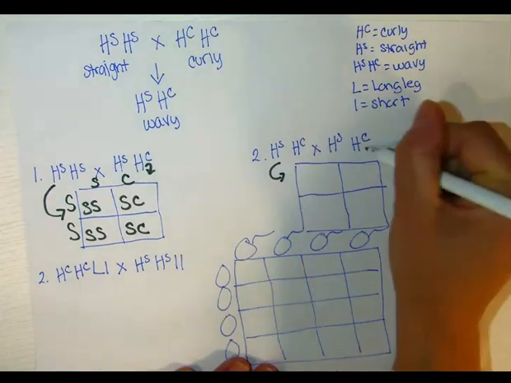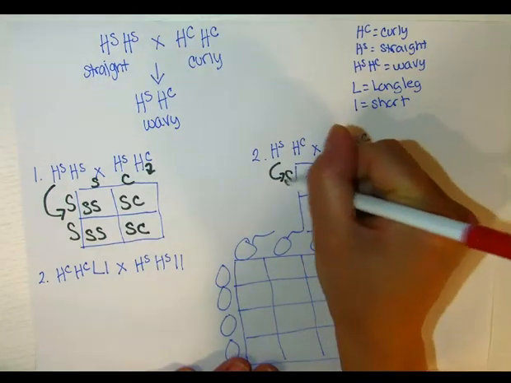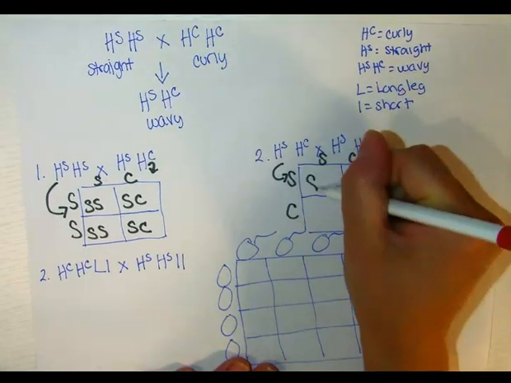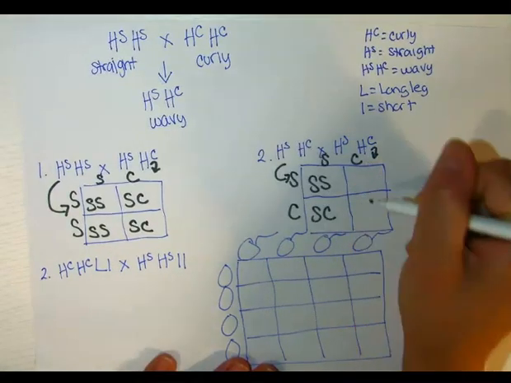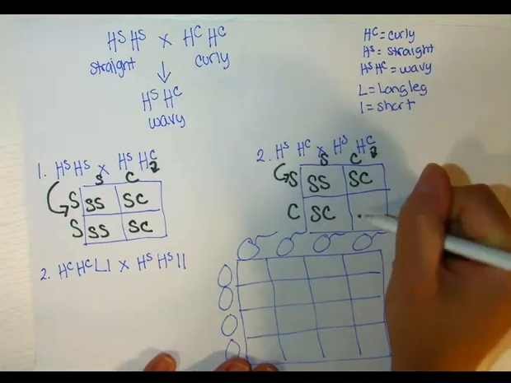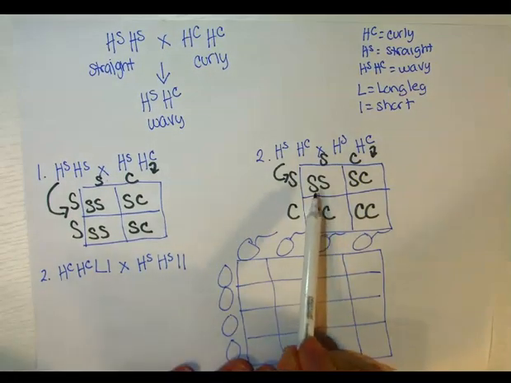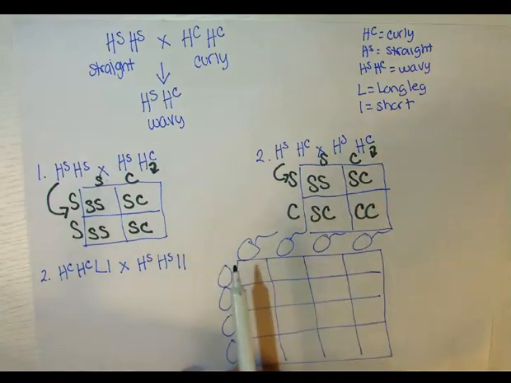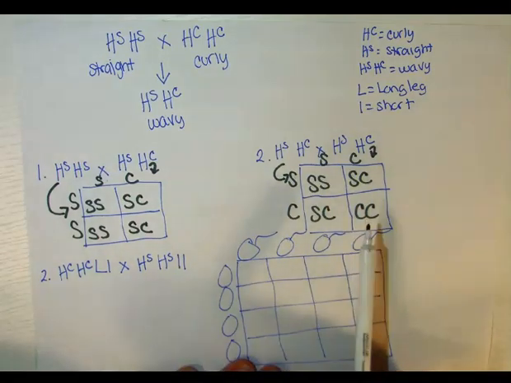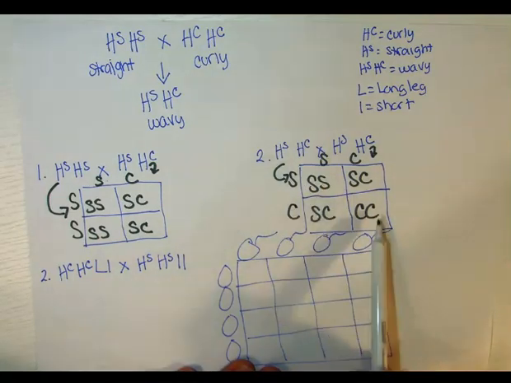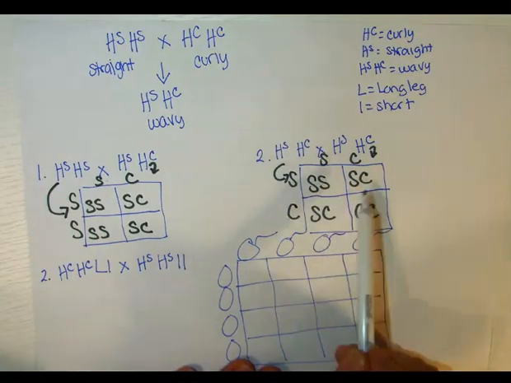So again, I'll put this one here and this one here. And so this one, our phenotypes, we would have 1 straight hair, 2 wavy hair, and 1 curly hair. And then our genotypes, we would have 1 homozygote for straight hair, 1 homozygote for curly hair, and 2 heterozygotes.